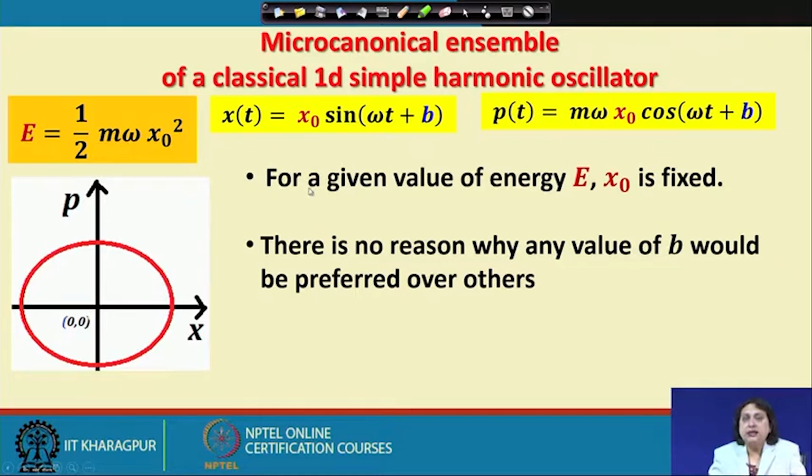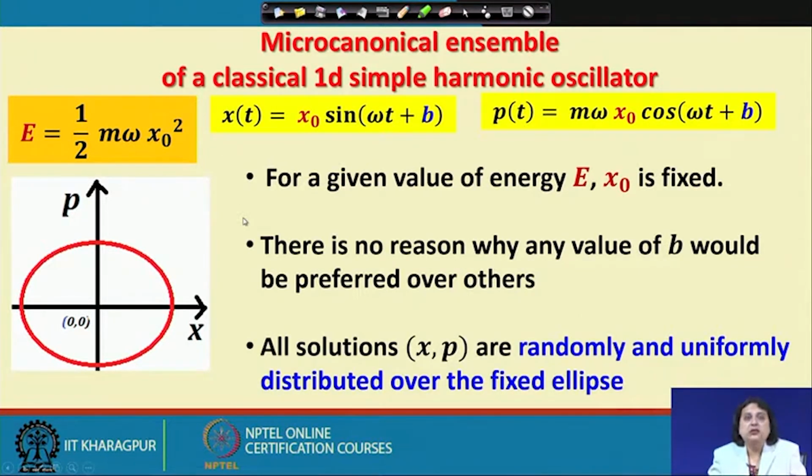As a result, as you see, there is no bias in any of these solutions regarding where your solution x(t), p(t) is, or in other words, all solutions x, p of the equation of motion are randomly and uniformly distributed over the fixed ellipse, which has been shown using this red curve in the two-dimensional phase space of this simple harmonic oscillator.